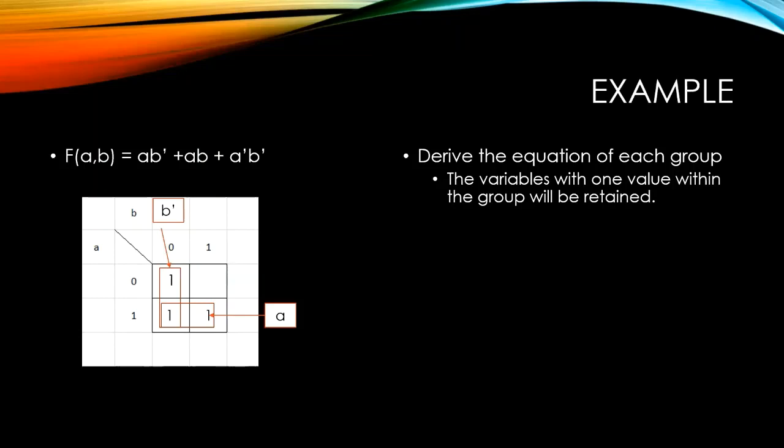Since the value of A is 1, the equation for this is just A. Okay? So when we get the SOP, just add these two groups. The final answer is A + B'.